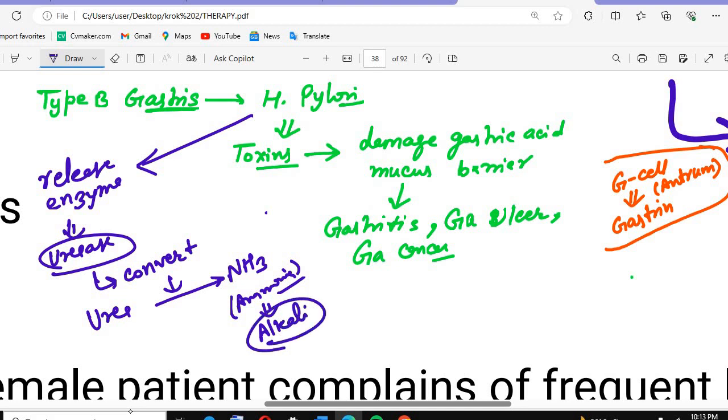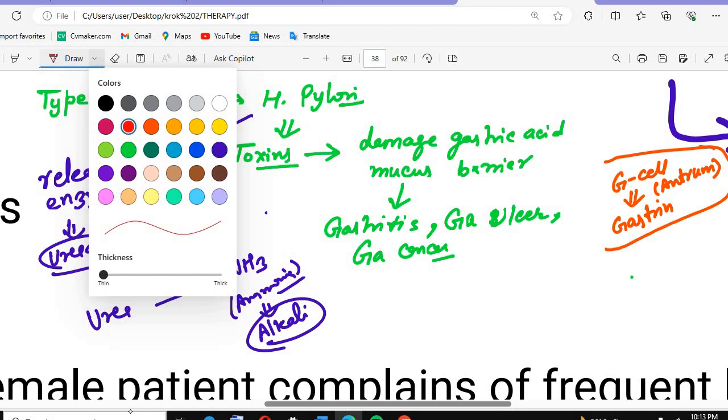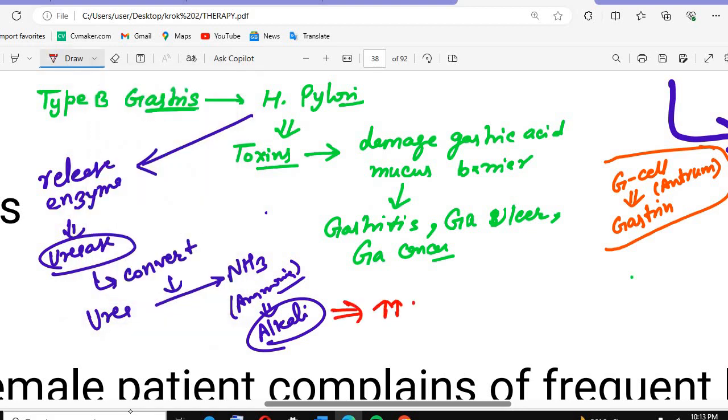To neutralize this alkali, our gastric parietal cells will increase the secretion of more HCl. Due to this alkali, we see an increase of hydrochloric acid by the parietal cells, to neutralize the ammonia.